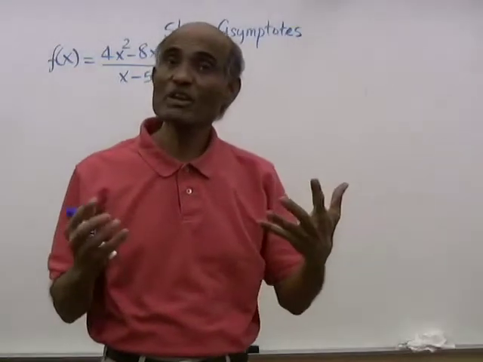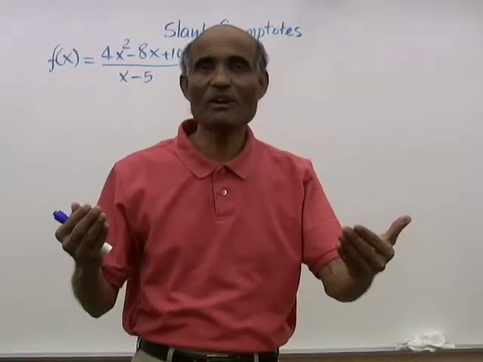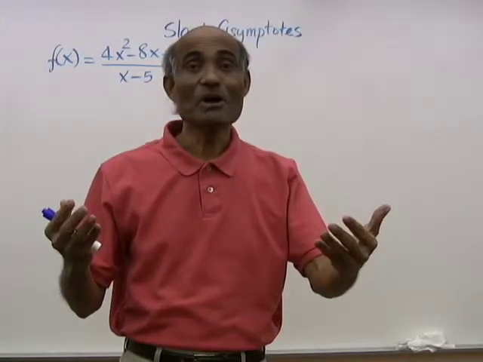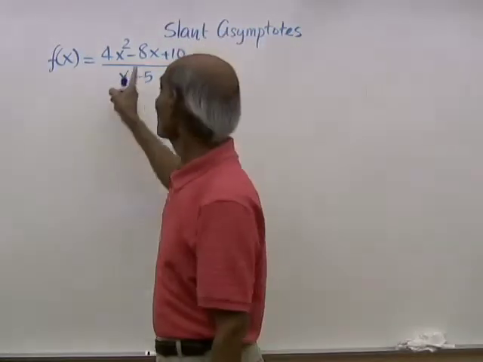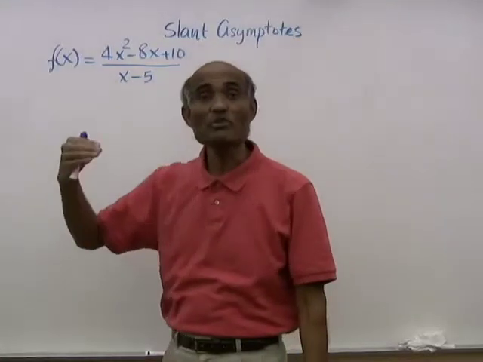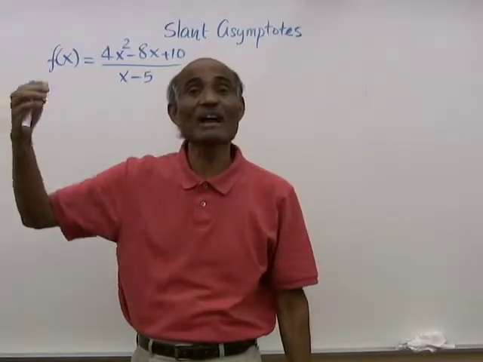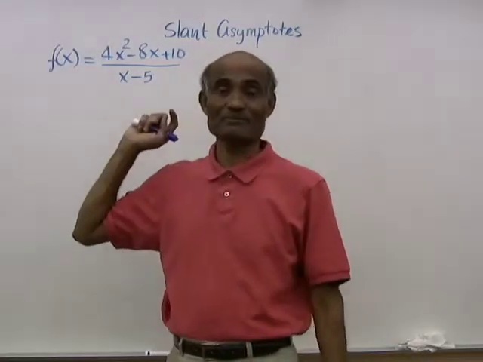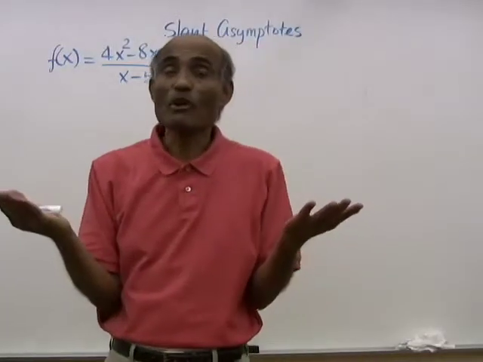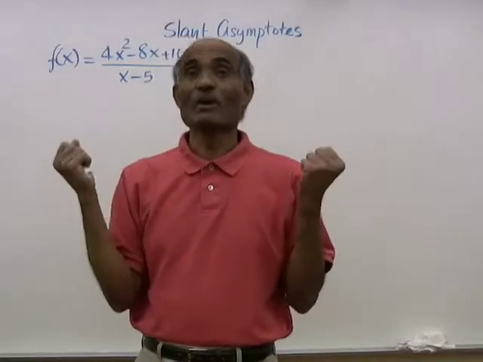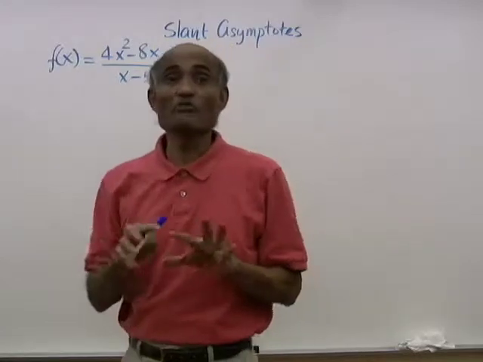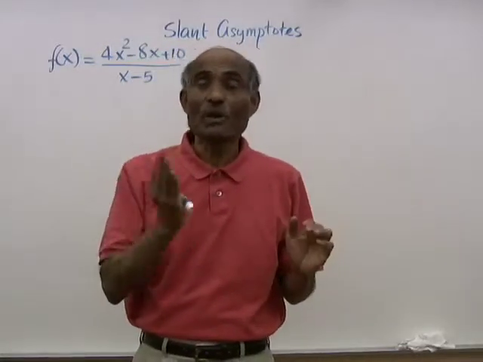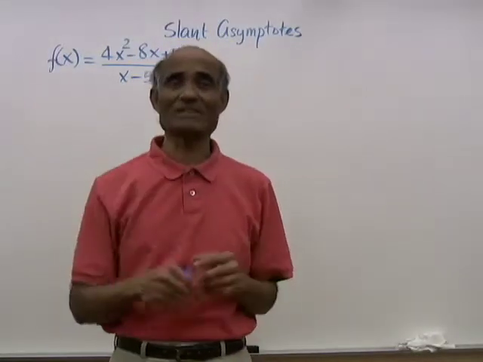Does it fit into any of the categories we discussed so far? No. Why? Because here the degree of the numerator is greater than the degree of the denominator. Now that makes it all the more different. In this case there is no horizontal asymptote, but you have a slant asymptote.